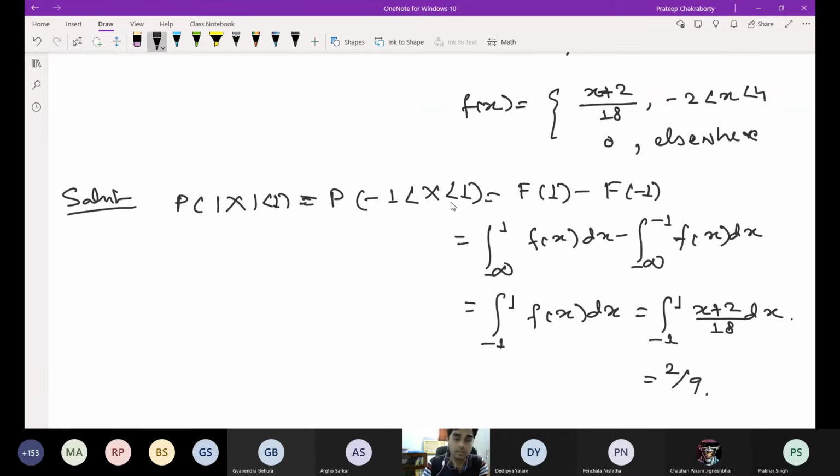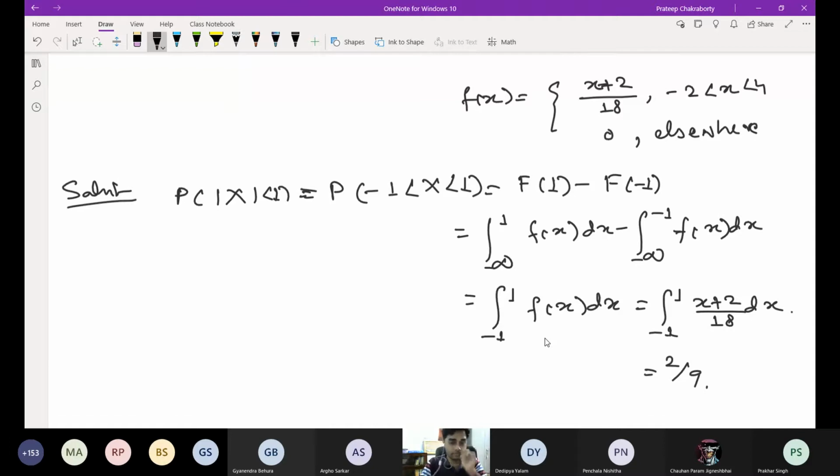Is this clear? Okay, sir, I understand. My mistake. So this is equal to F of 1 minus F of minus 1, just putting in the definitions. The difference of these two integrals will be the integral from minus 1 to 1 of f of x dx.